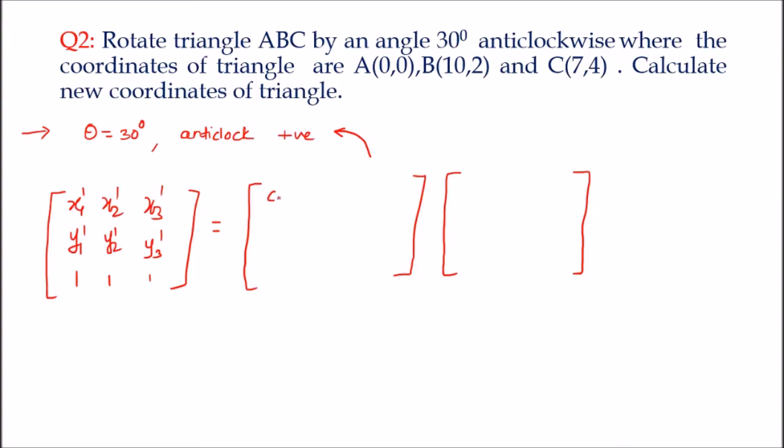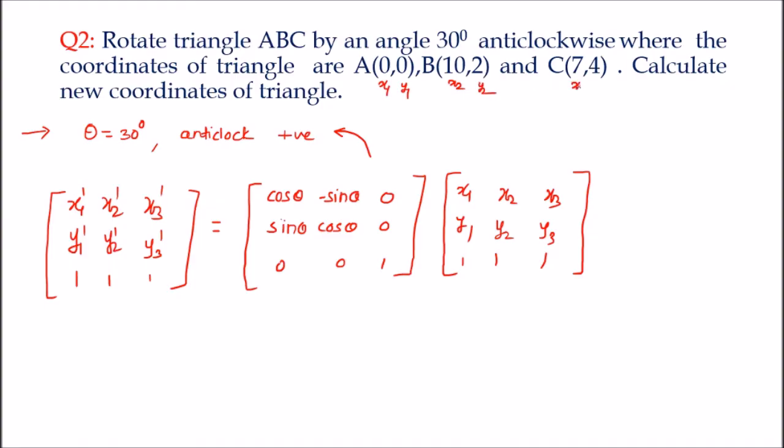The rotation matrix is cos theta, minus sin theta, 0; sin theta, cos theta, 0; 0 0 1, multiplied by x1 y1 1, x2 y2 1, x3 y3 1. So that we will write into this matrix.